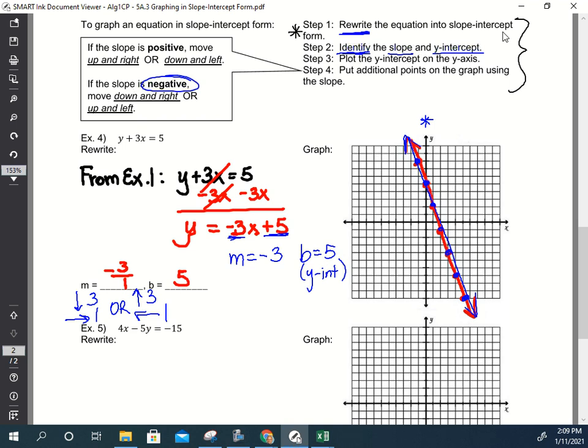The b is the y-intercept. Anyone else get any questions before we continue?